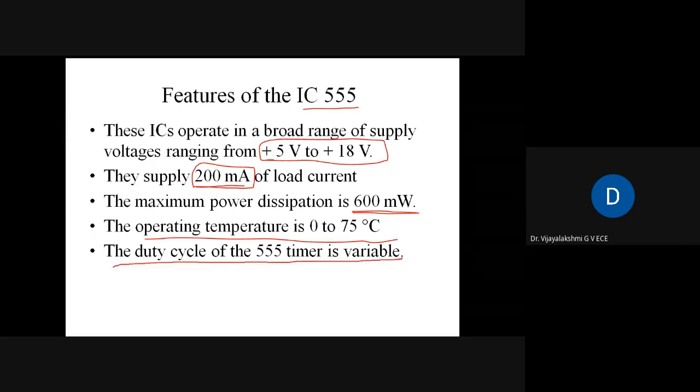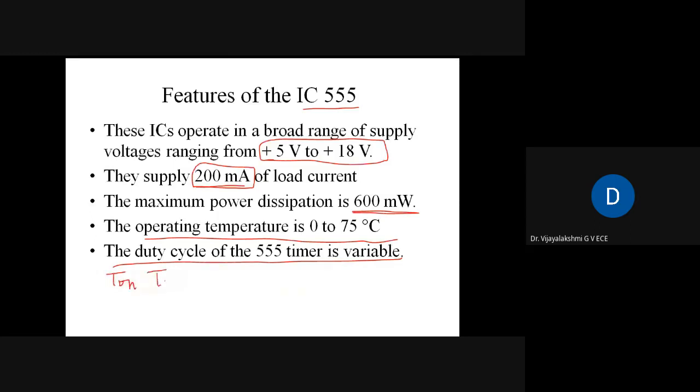I don't know whether you know about the duty cycle. Whenever some operation is dependent upon the timing, you have something called an on period and an off period.